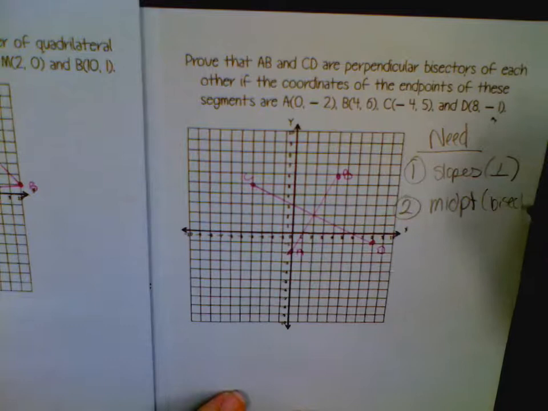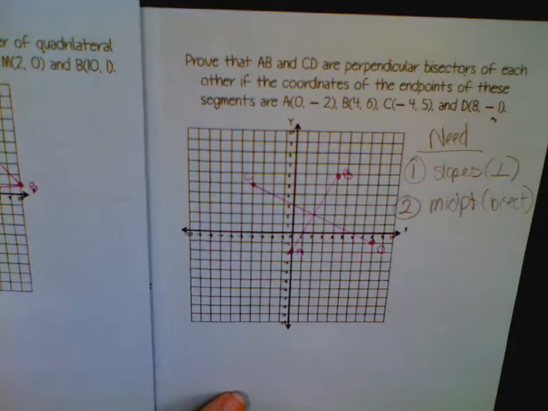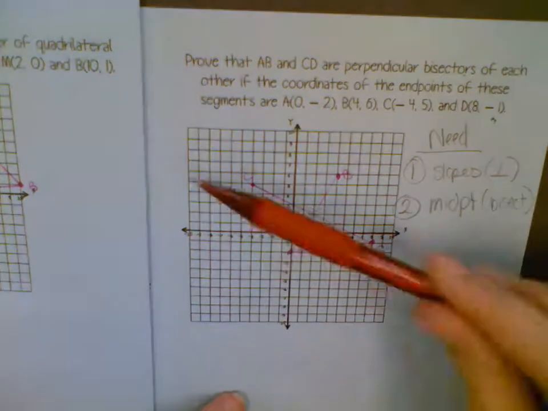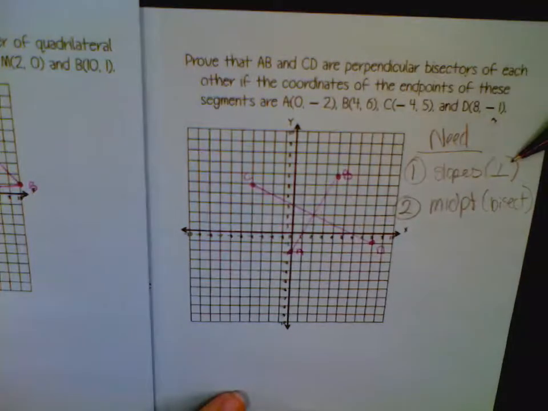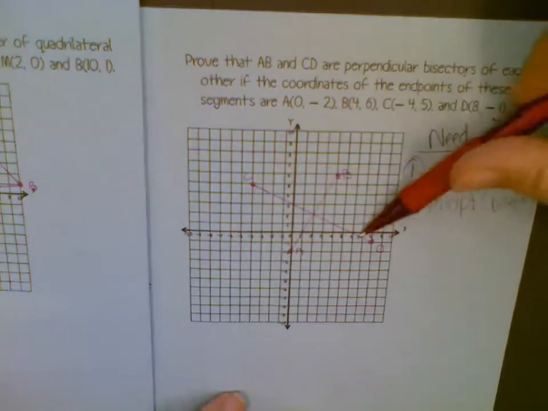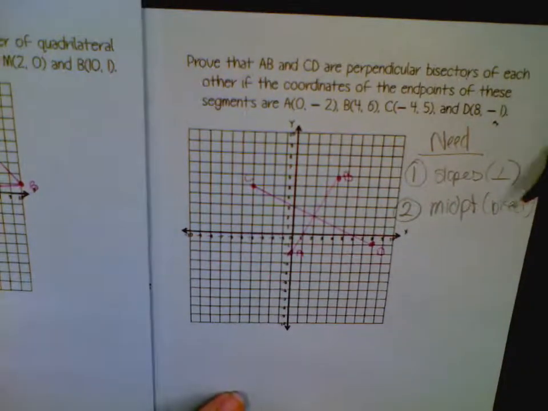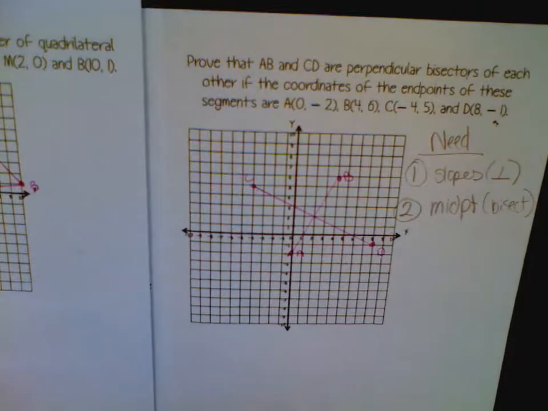Okay, so go ahead and pause and try to find both those things. So find the slope of CD and the slope of AB, and they should be opposite reciprocals to make them perpendicular, and then find the midpoints of those 2 segments, and they should be the same to show that those lines bisect. So please go ahead and pause your video and come back, and I'll show you the work.